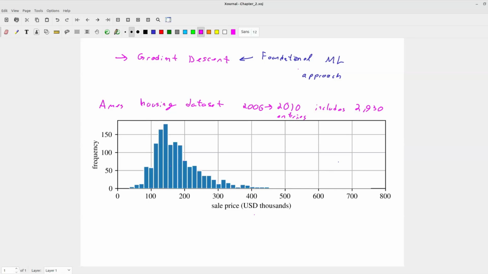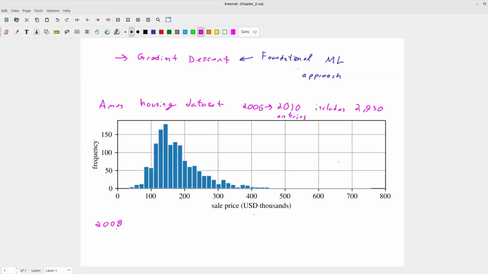Interestingly enough, in 2008, I bought a house in Ames, Iowa. So I'm in this data set, and we'll show you the area where my house is, and we'll see if I got a good deal. Fun note also, 2008 was the start of the housing crisis, and I got one of those no money down loans back in the day, and I was one of the last people to go through, on the very last day.